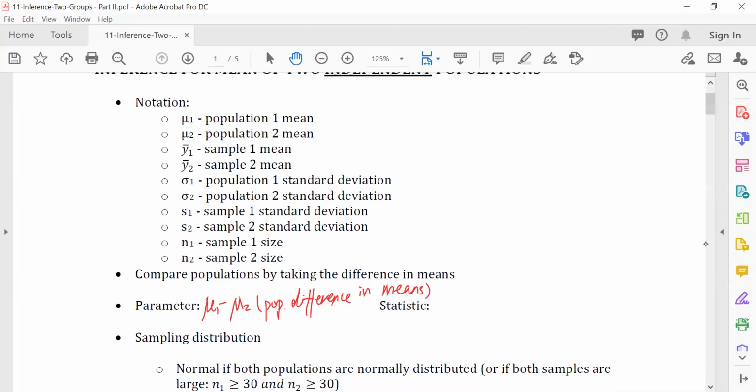The sample statistic is y1 bar minus y2 bar accordingly. This is the sample difference in means.